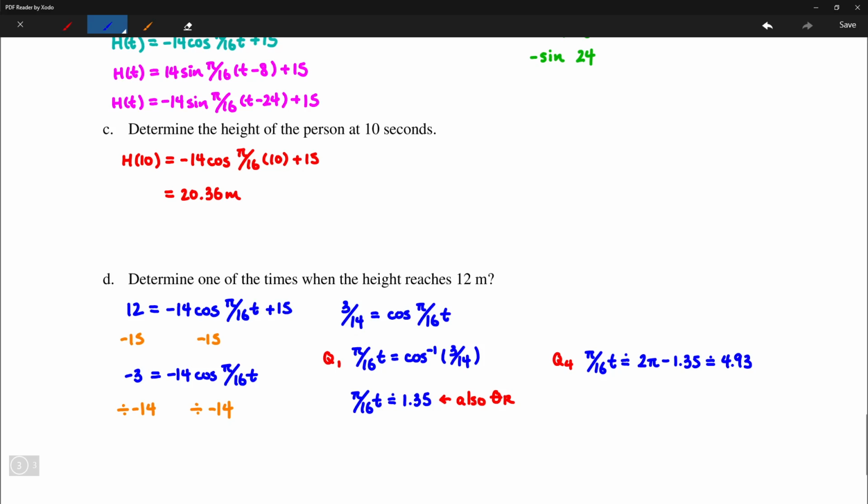And then we can solve for t in both cases. T in the first case is going to be equal to 6.9 seconds. Again, that's approximate. And in quadrant 4, the answer that we get, once we take 4.93 and multiply it by 16 and divide by pi, we'll get 25.1 seconds.